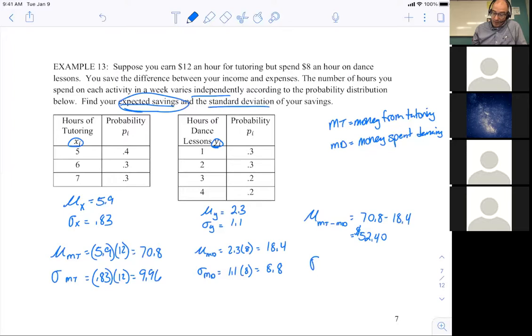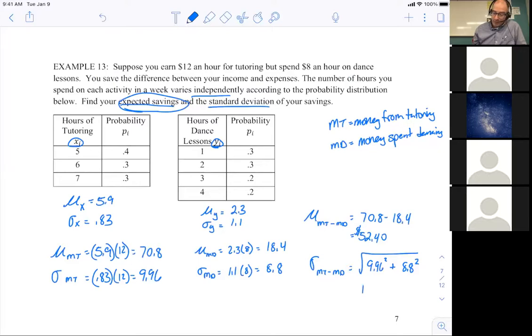For the standard deviation of the money of tutoring minus the money of dancing, we have to remember that we can't just use the standard deviations. We have to use the variances. So I take 9.96 and square it, take 8.8 and square it, and no matter what, even though we're subtracting the two, we add the variability.